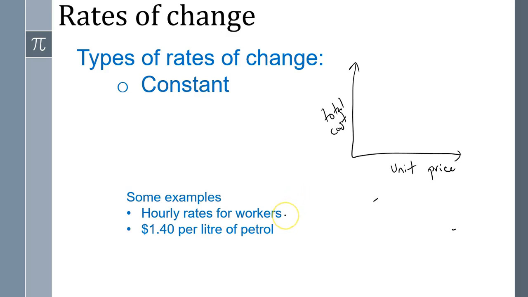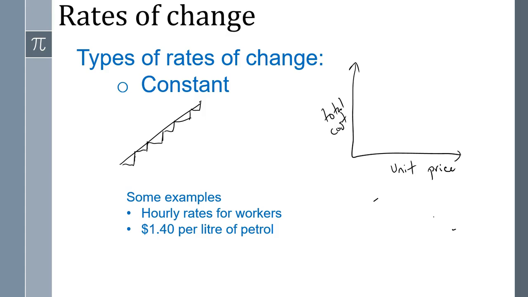So for example, an hourly rate for a worker, if you're working say at Coles and you get $10 an hour, it goes up by the same amount each time. Okay, so for each hour, you get $10. 1 hour, another $10. You work another hour, you get another $10. Okay, it's constant.